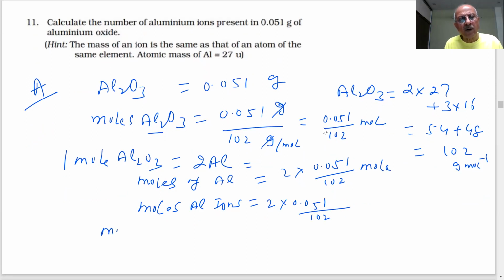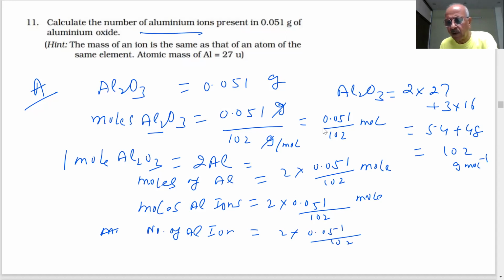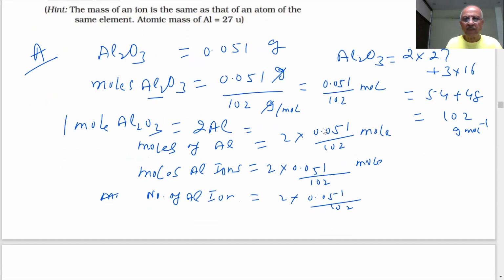And molecules or atoms, what does he say? Calculate the number of aluminium ions. Then how many aluminium ions will be there? These are moles. Multiply by Avogadro's number. 0.051 divided by 102 into 6.022 into 10 power 23.